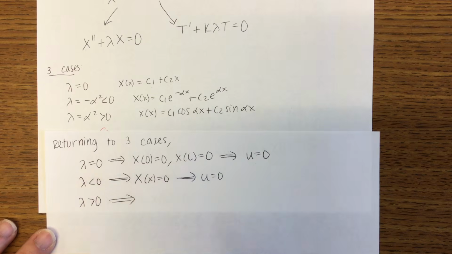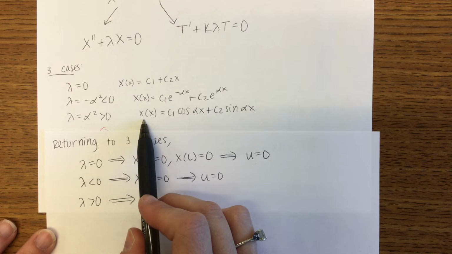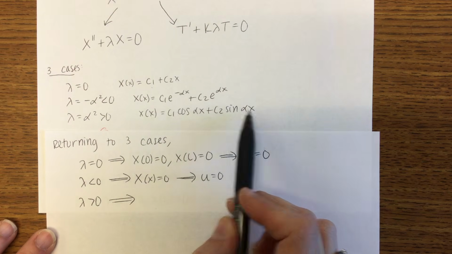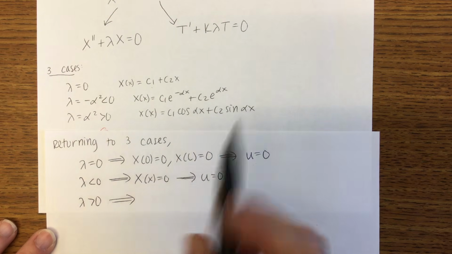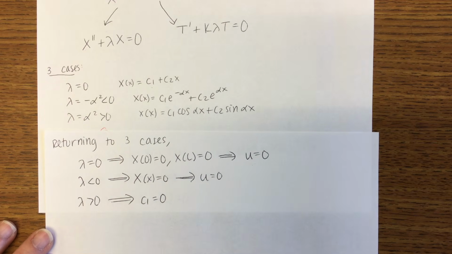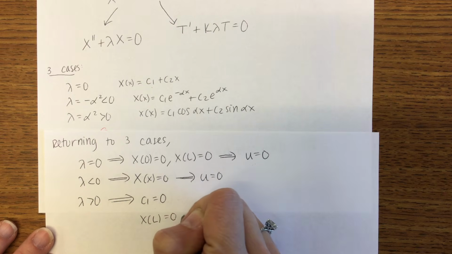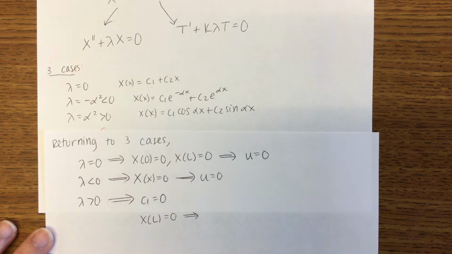If lambda is positive, if I plug in X of 0 equals 0, this will be 0, this will be 0, C1 then will have to be 0. So this gives me C1 equals 0. We also know that X of L equals 0.